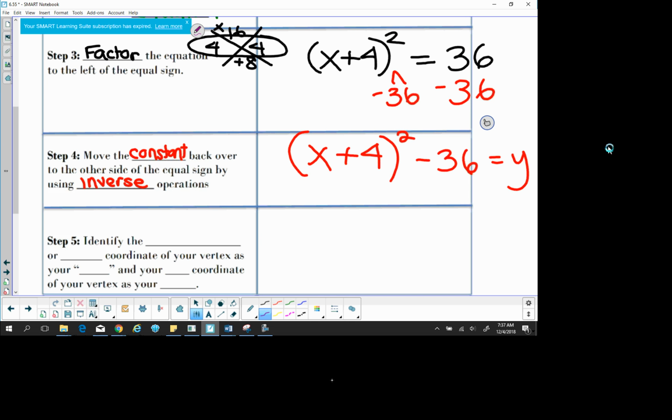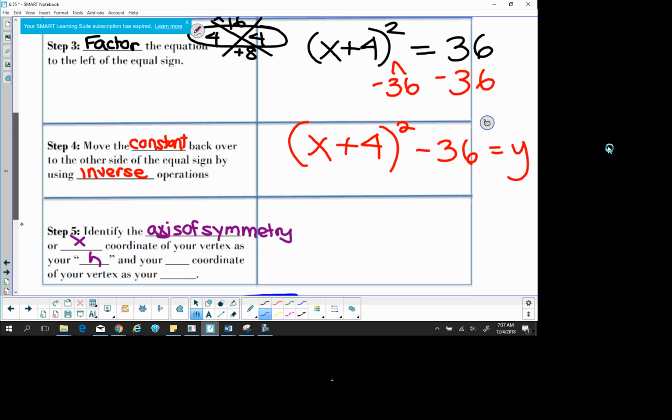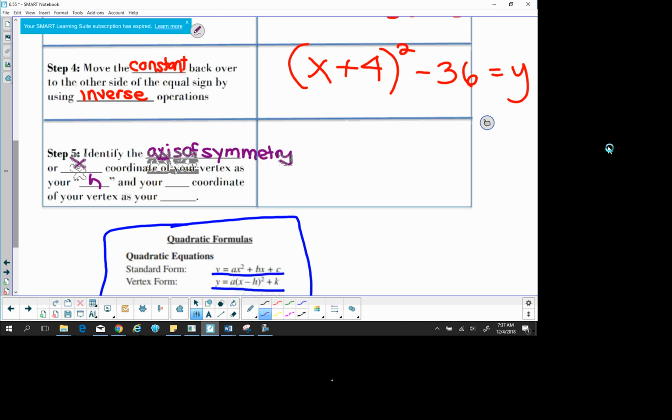Now we want to be able to identify the vertex. Remember, the axis of symmetry is the x coordinate of your vertex, or the x coordinate of your vertex is your h. If I go down to my equation right here, it says vertex form. See how it has minus h in there?